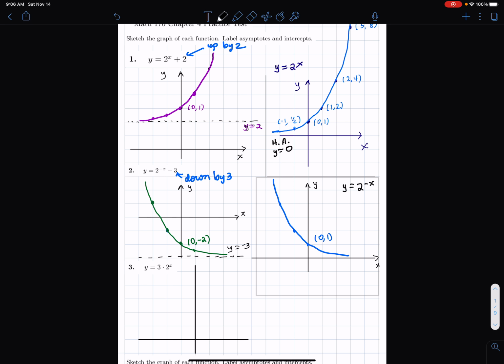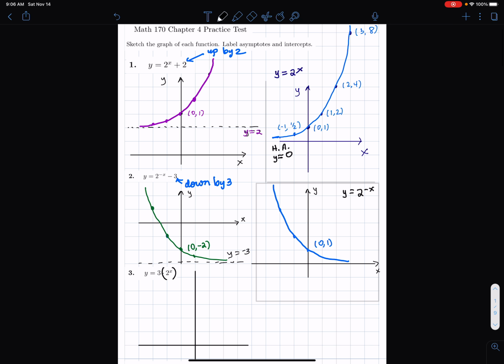You don't really multiply a horizontal asymptote by 3, but there's a little trick to remember it that way: we're multiplying all the y values by 3, including the horizontal asymptote, even though a horizontal asymptote doesn't really get multiplied by 3.